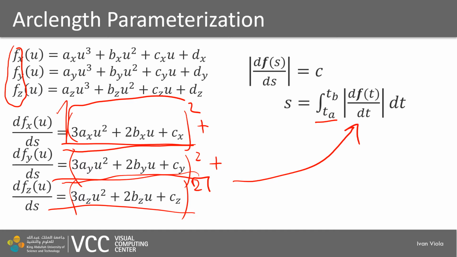So this is the arc length parametrization, and once we know the arc length, then we can reparameterize our parametric representation of the curve, so that with constantly increasing the parameter, we will be stepping in constant distances on our curve.